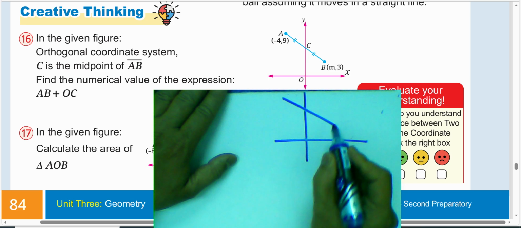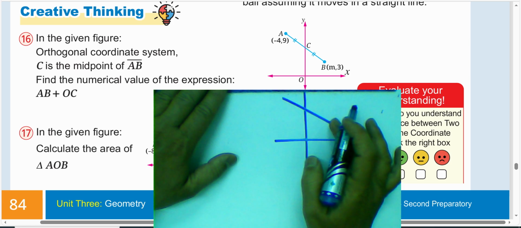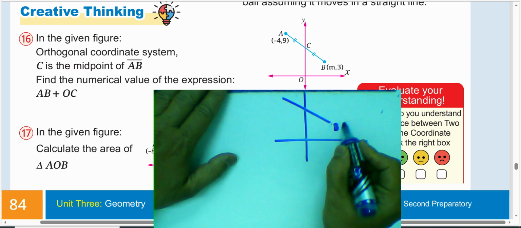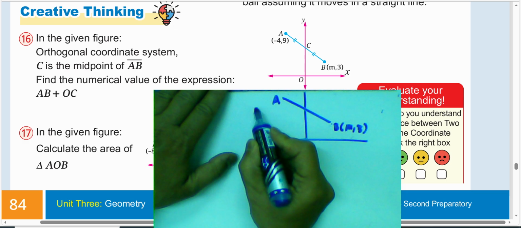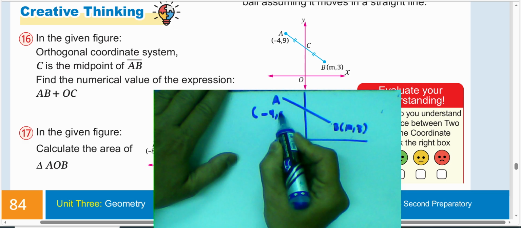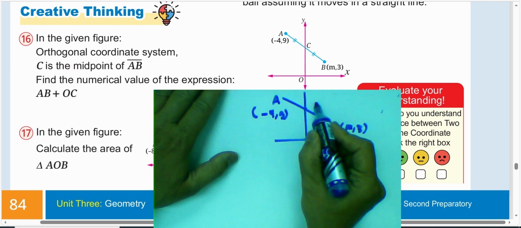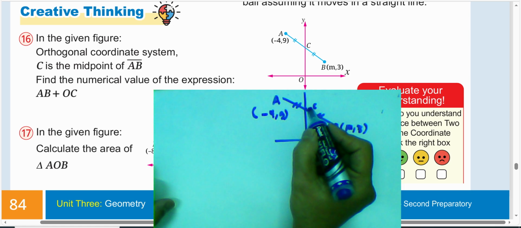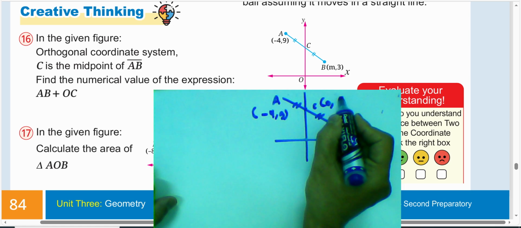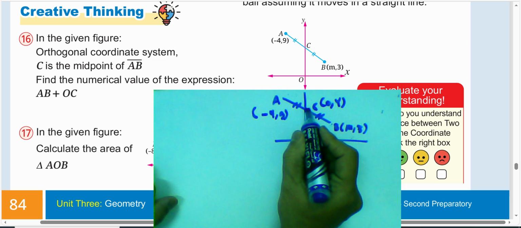We have coordinates like this. Point B is (M, 3), and point A is (negative 4, 9), and point C is in the middle. We can put point C as (0, Y).